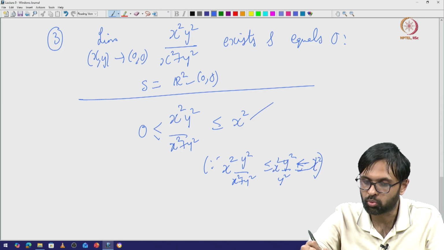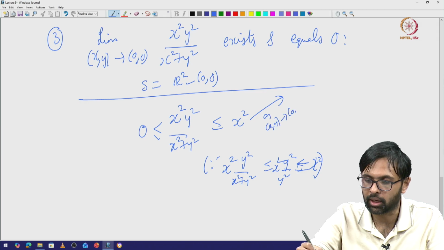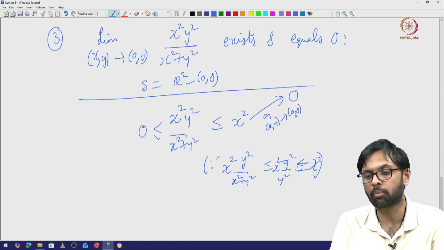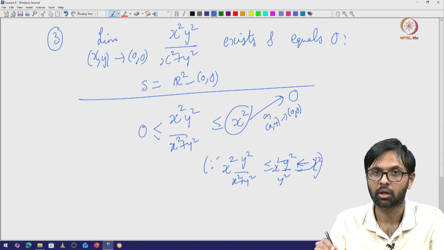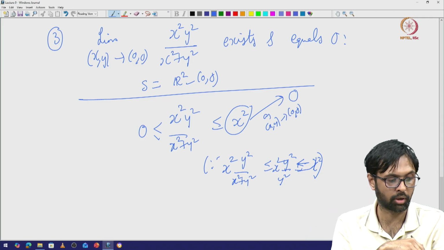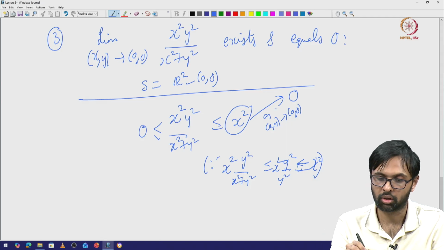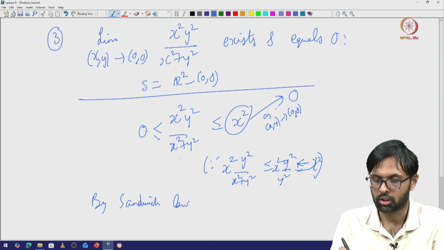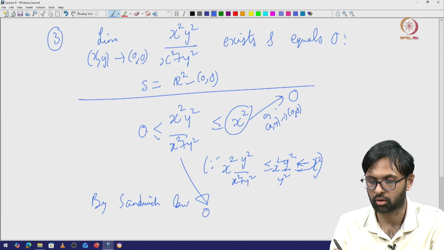Now as (x, y) goes to (0, 0), this limit exists and it equals 0. Why does it exist and equal 0? Because this is a one variable function and the one variable limit exists and equals 0, and therefore by the proposition we proved, or rather the first example, this is 0, this is already 0, so by the sandwich law, this goes to 0.